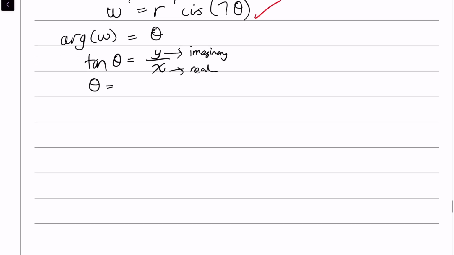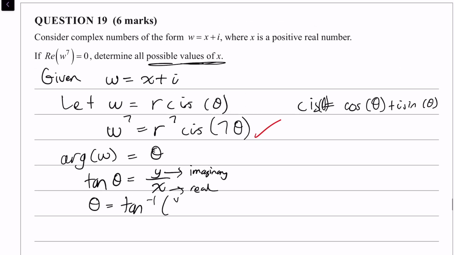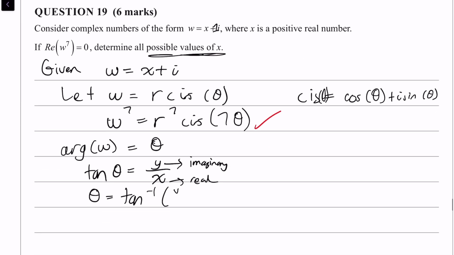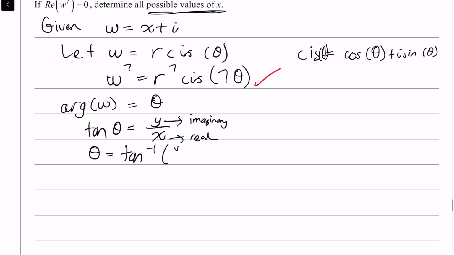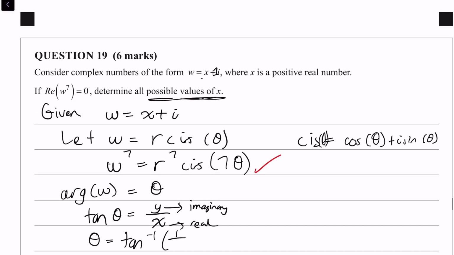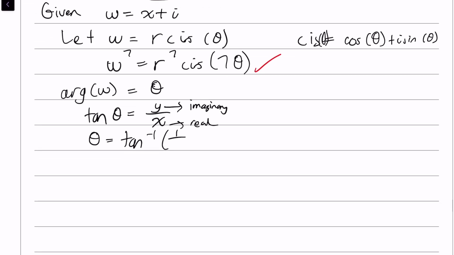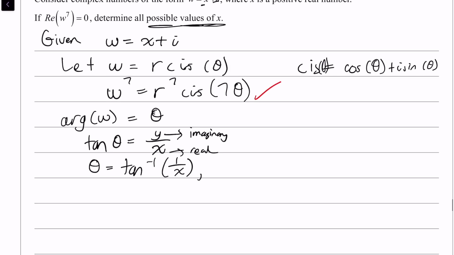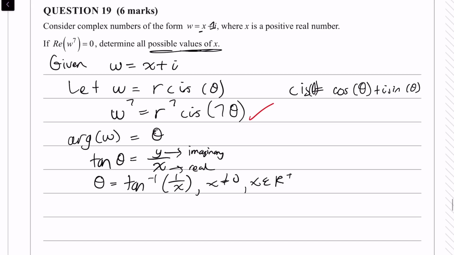Then inverse of tan for y, which in this case would be 1, because I only have 1 times the imaginary component, so that fraction would be 1 over, and then x, well, I just have the 1 there, so that would just be my x there. Okay, and obviously x cannot be 0. So I might give my domains there, and x has to be a real number that's positive because that's given in the question as well.